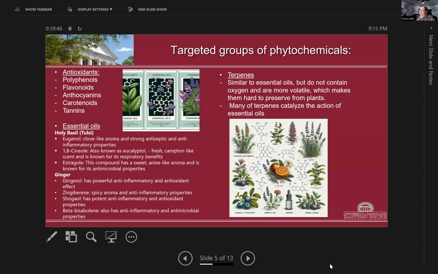Now there is also estragole, and it is like anise. It smells like anise, as you know, and it's an antimicrobial compound, a very, very strong antimicrobial compound. The other one I told you about, we are growing juvenile ginger, and we work with juvenile ginger.